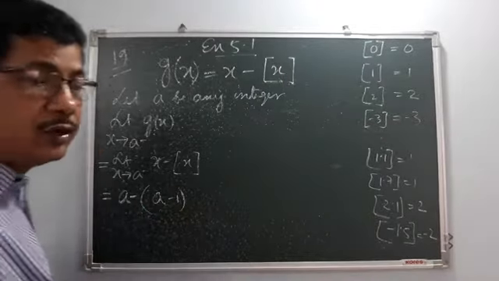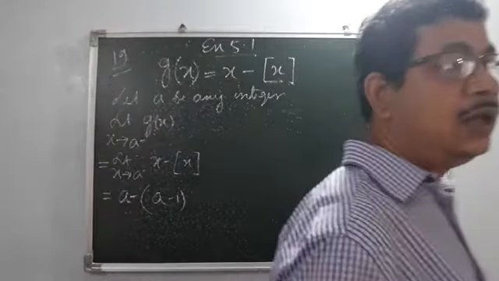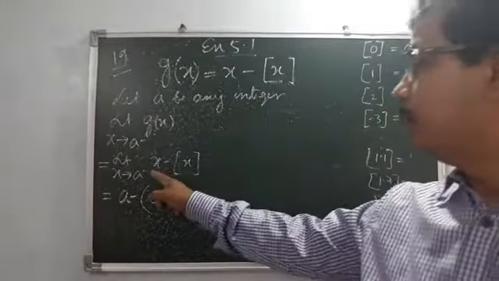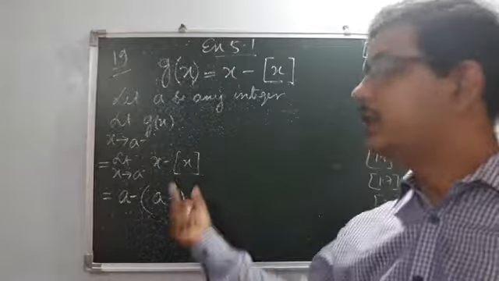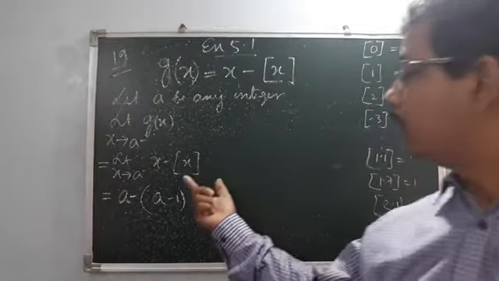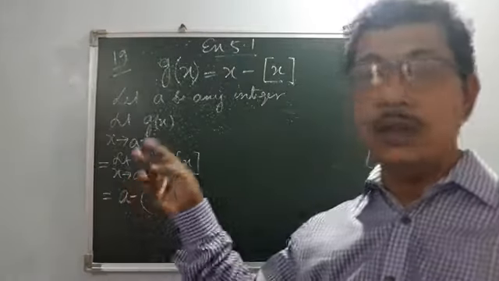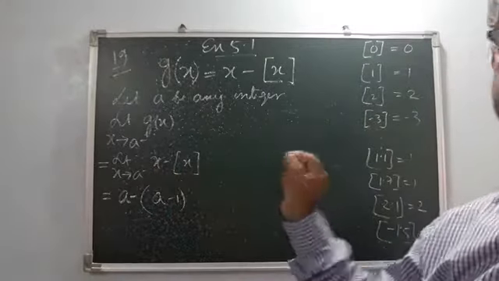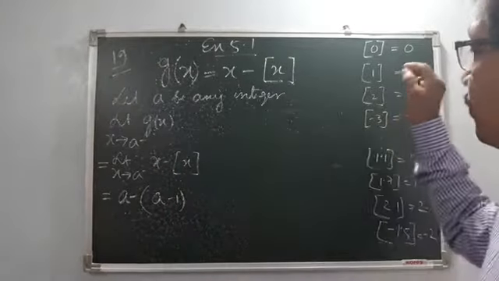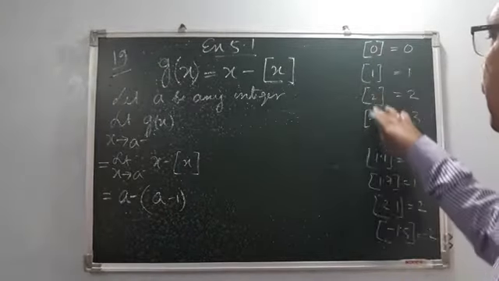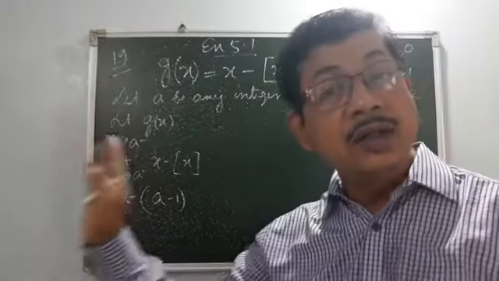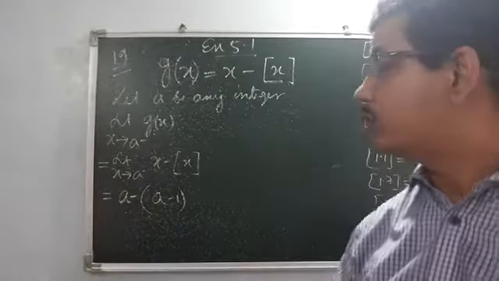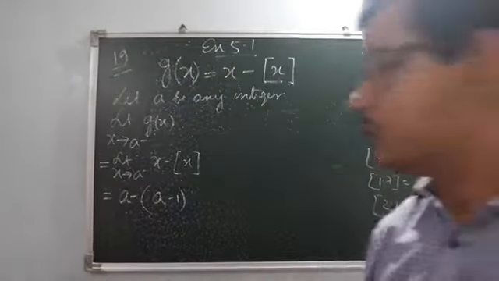Students, concentrate on this. Why is this value not a? Because if x is exactly an integer, the value remains the same, but here x is very little less than the integer, so of course we consider the integer before it.